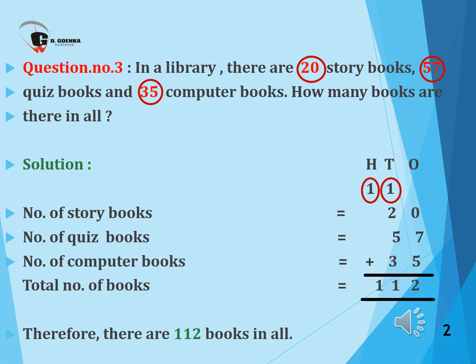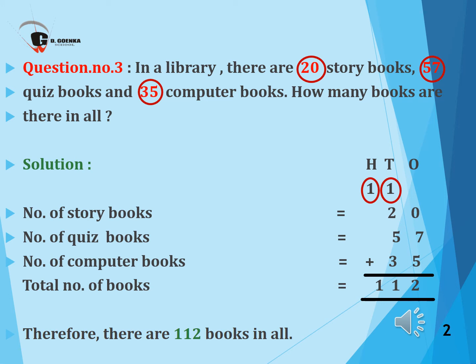So let's solve the ones value first. That is 0 plus 7 plus 5, which equals 12. So what we'll do here, we will write down 2 under ones value and we will carry forward 1 under tens value. Now let's move on towards the tens value.